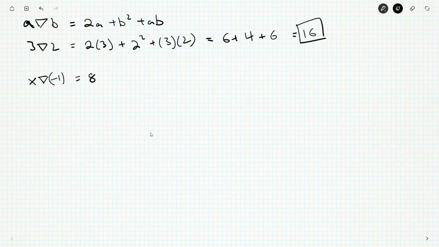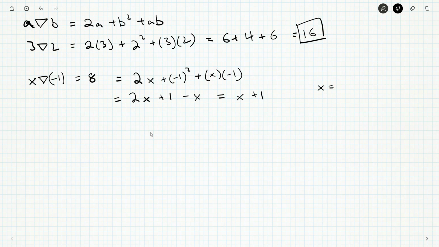Well, I have a formula for our triangle operation, so I know that 8 has got to be equal to 2x plus negative 1 squared plus x times negative 1. Okay. So that's 2x plus 1 minus x. Well, that's really just x plus 1. So if we subtract 1 from 8, we'll get x is equal to 7.